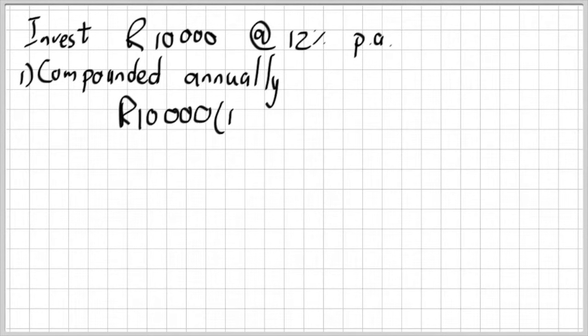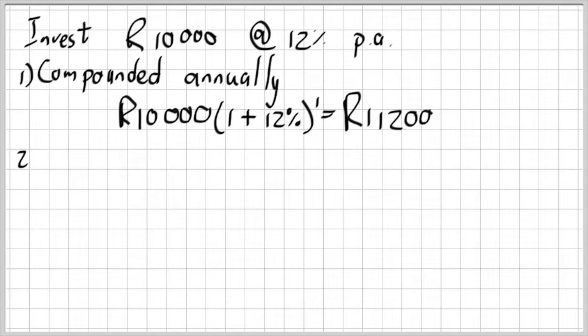The first one is compounding annually. In other words, literally taking the 10,000 Rand, 1 plus 12% for 1 year, and then it ends up to be 11,200 Rand after 1 year.